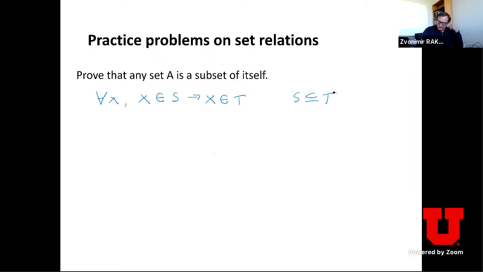Okay, so this is the definition of a subset, and it is clear that it is true for all x. If x is an element of A, that implies that x is an element of A. And because of that, A is a subset of itself.